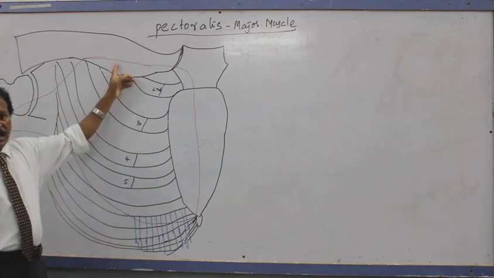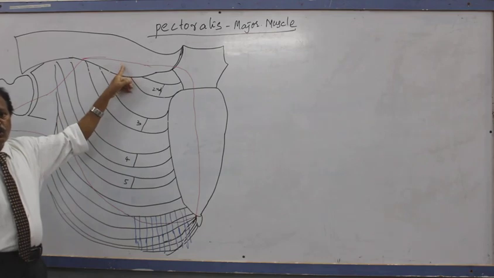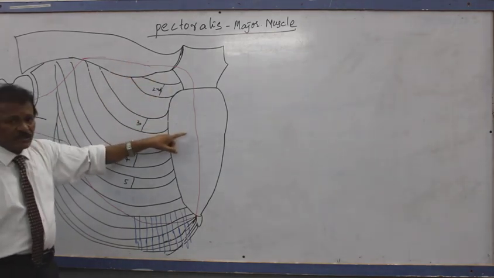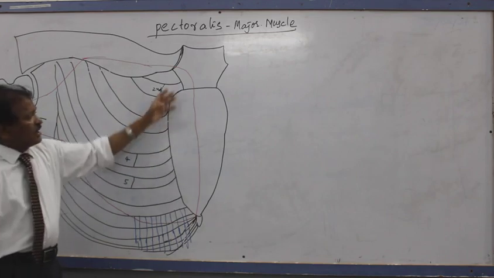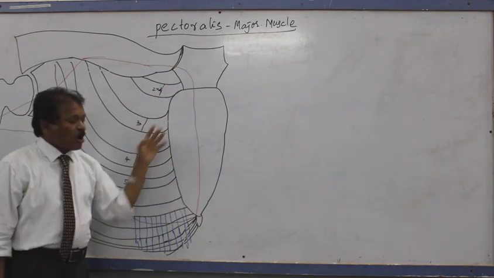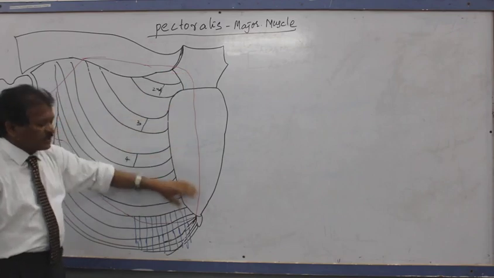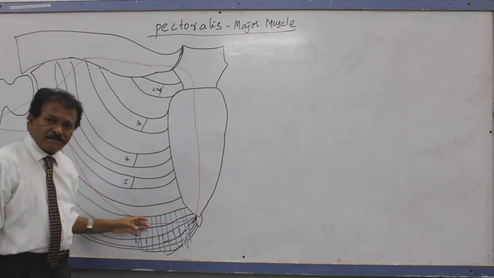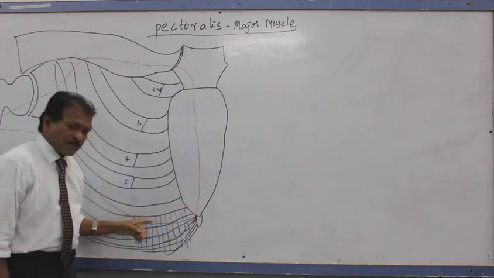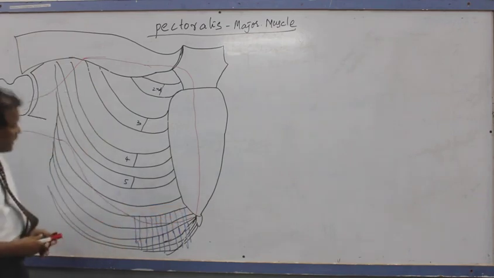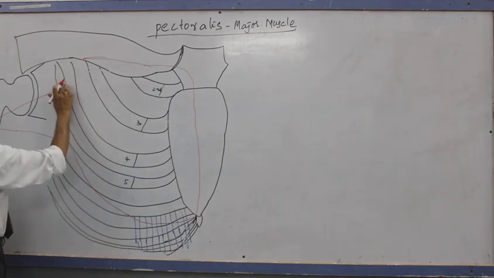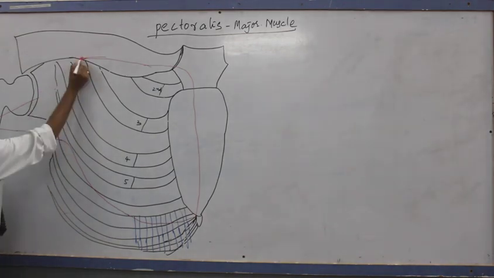Clavicular fibers arise from the medial two-thirds of the anterior surface of the clavicle. The sternal fibers arise from the anterior surface of the lateral half of the manubrium and body of the sternum, and the xiphoid process. And the inferior fibers are the abdominal fibers. So here there are the clavicular fibers.